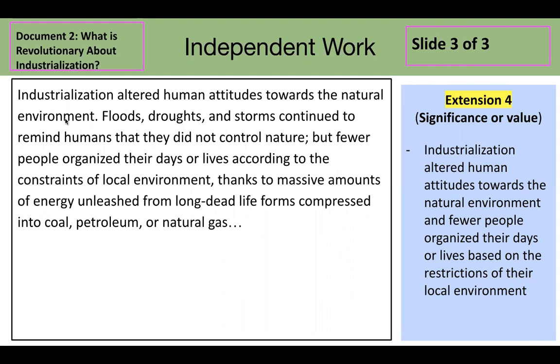It's really this first line here that got to me, but this entire paragraph, if I had to sum it up, talks about the significance and value. Humans and their attitudes changed towards the natural environment, and fewer people started to organize their days and their lives based on restrictions from their local environment. And that's a very big significance.